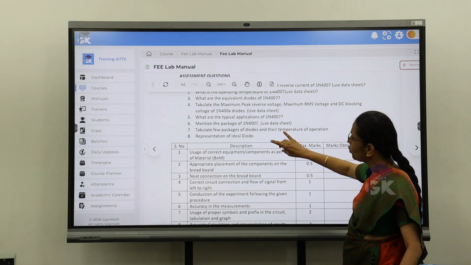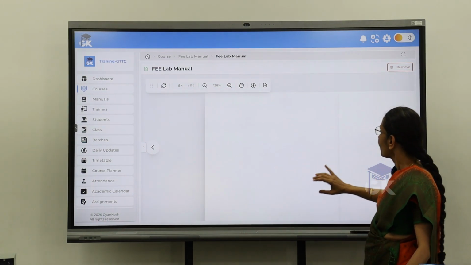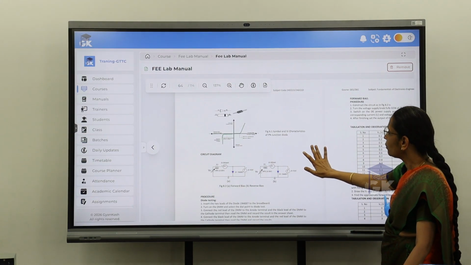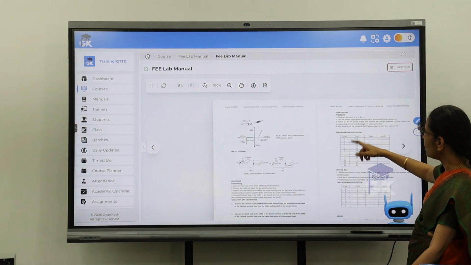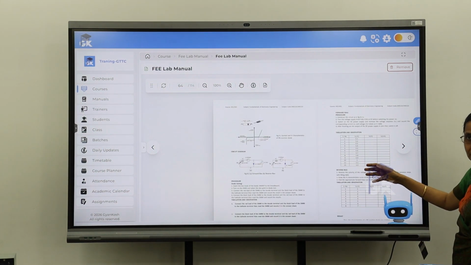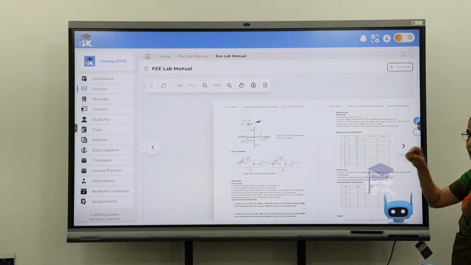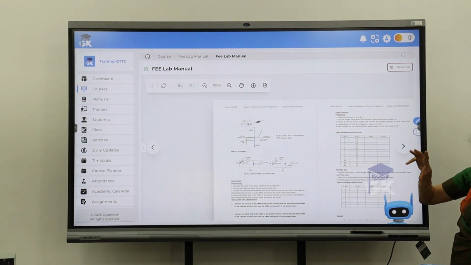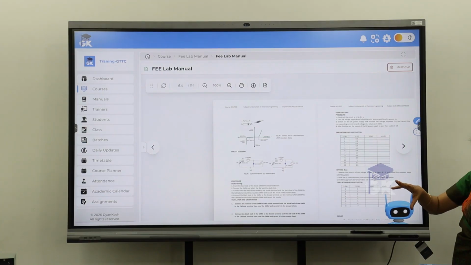Has this manual been shared with you? No. Okay. Just for you to understand how it has been structured, after the circuit diagram comes the procedure. Then we immediately give the tabular column with all the values you have to set. Vs is what I set in my power supply, Vf is the voltmeter reading, and If is the ammeter reading.